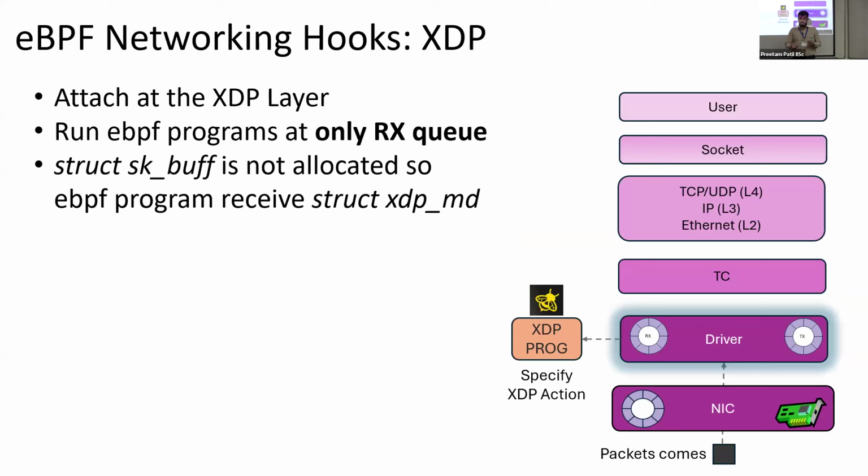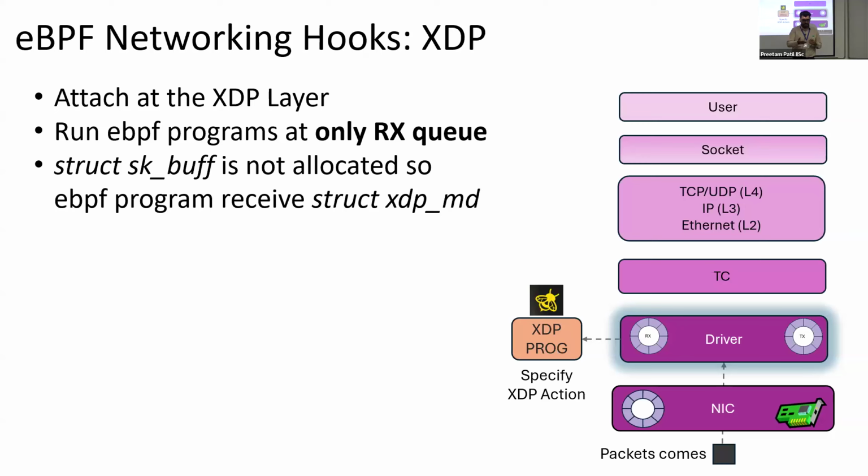In the driver layer, you will have the XDP hook, which implements eBPF execution currently only on the receiver side. The XDP hook in the driver actually accepts not the struct sk_buff, but struct xdp_md. And struct xdp_md represents a raw packet that comes into the kernel subsystem directly from a NIC.